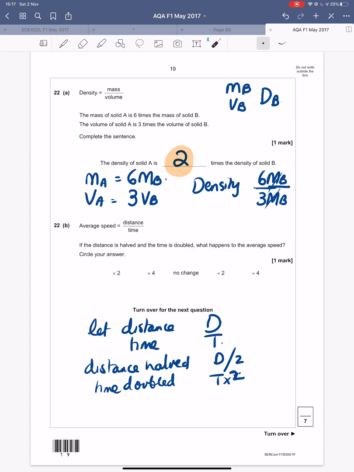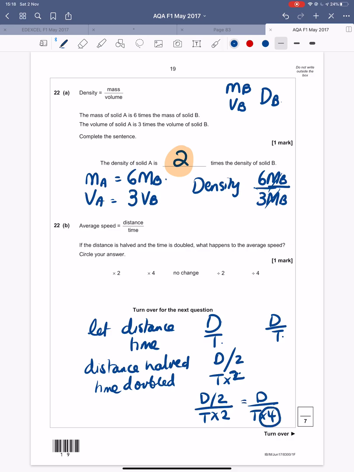What happens to the average speed? It starts off as distance over time. It's now going to be D over 2 over T times 2. So to get rid of this divide by 2 in the numerator, I'm going to multiply top and bottom by 2. So that's going to be D over T times 4.